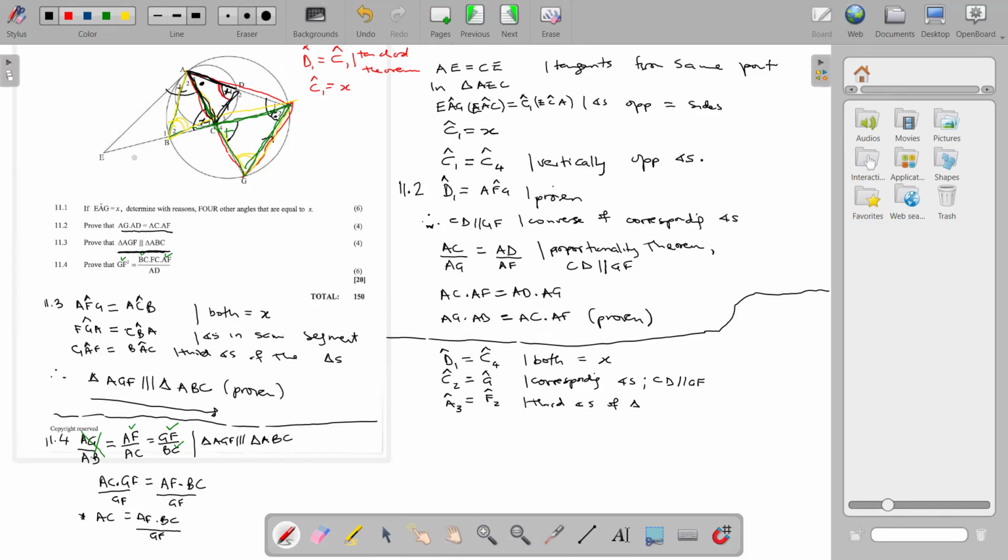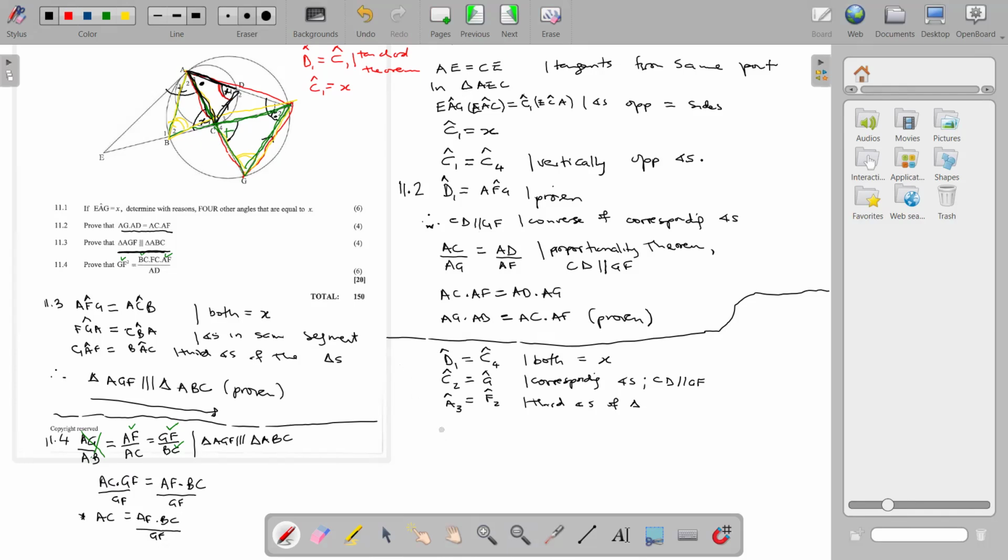Those are third angles. But for those who might have done the longer way, they might have identified that this triangle was similar to this one, this angle was equal to this one, then they tried to equate these two angles using angles in the same segment. But in this case, we can just use the third angles of a triangle.